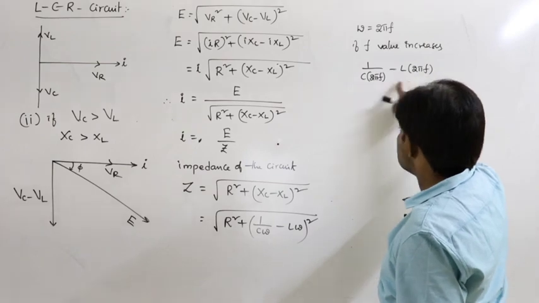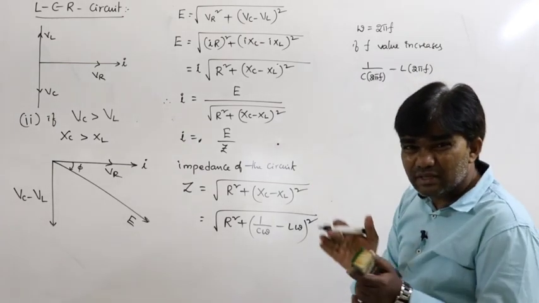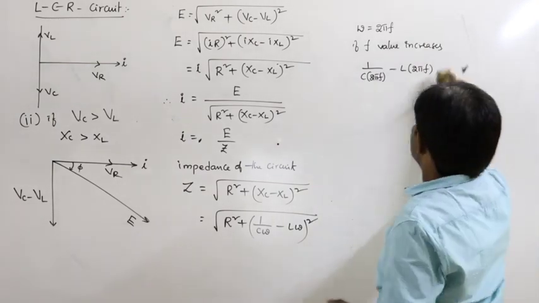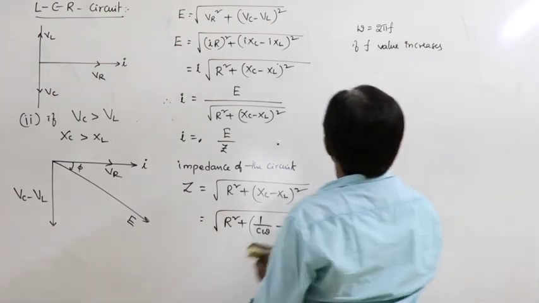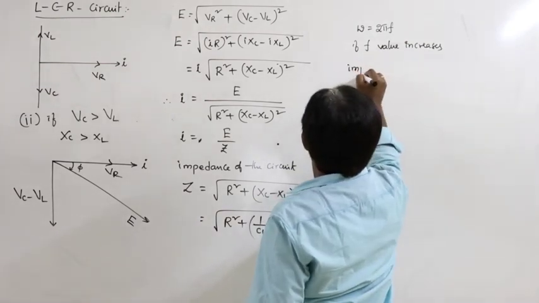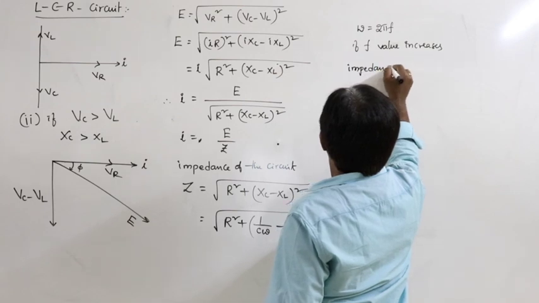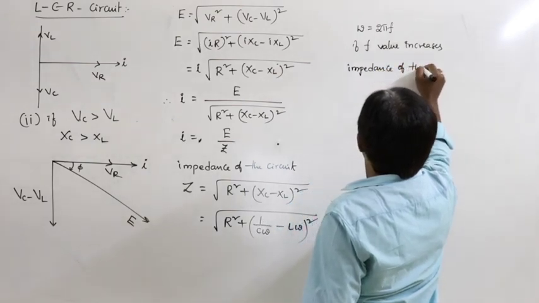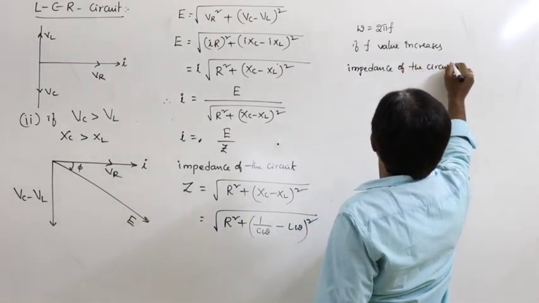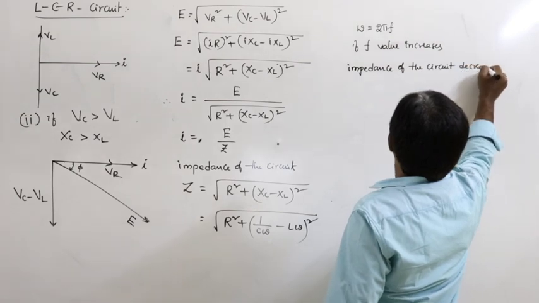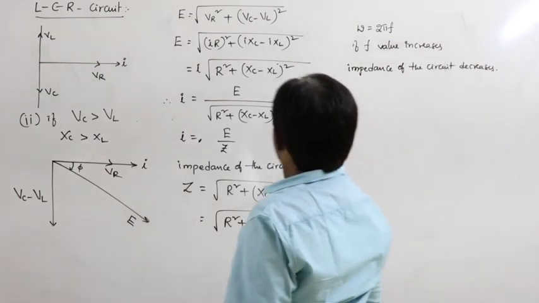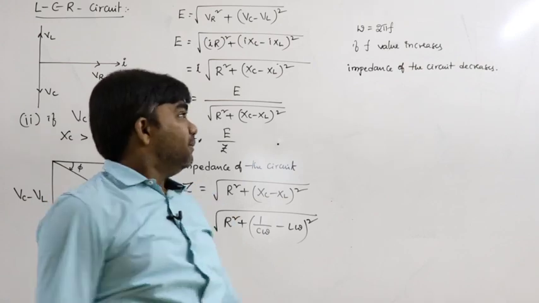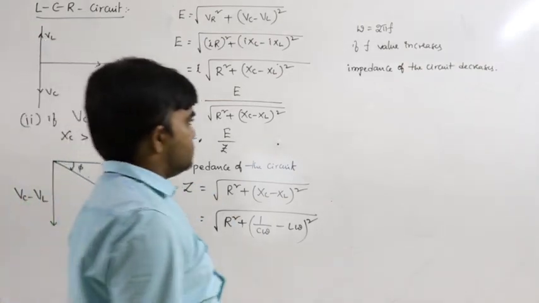So if f value increases, the impedance of the circuit decreases.